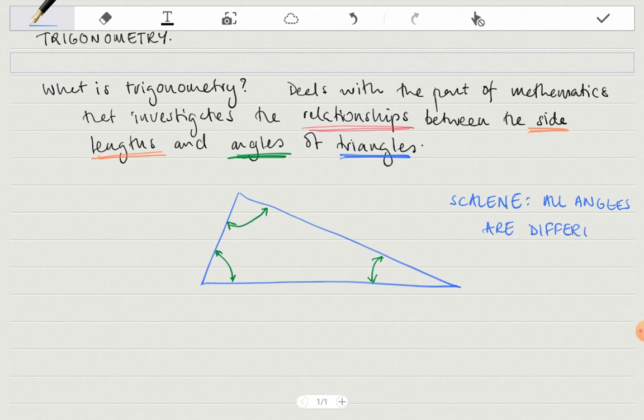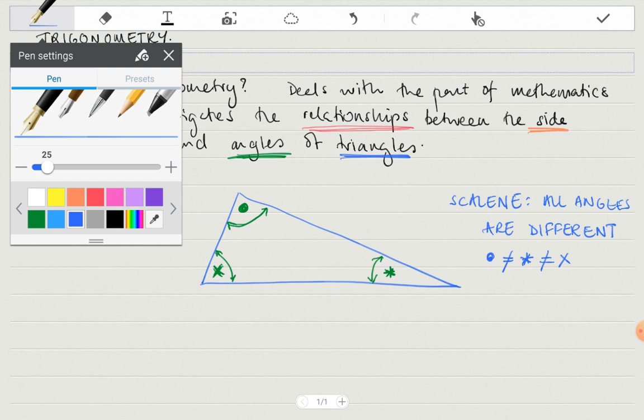In my triangle here, if I call this angle dot, this one cross, and this one star, what I'm saying for scalene is that dot is not equal to star, is not equal to cross. We're not going to be talking too much about scalene triangles. We're mainly going to be looking at the trigonometry aspect of it.